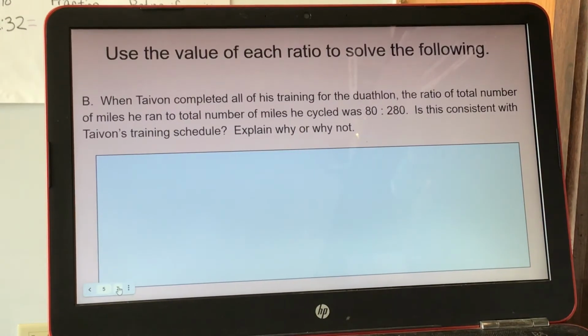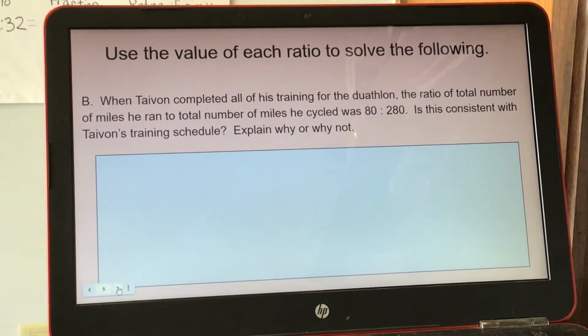It goes into there twice. We can divide 280 by 40, and 40 goes into there 7 times, so it's 2 to 7. So yes, it says explain why or why not. It is consistent with Taivon's training schedule because it's 2 to 7, or 2 over 7.